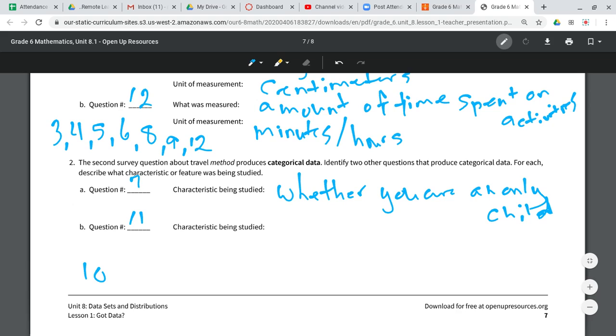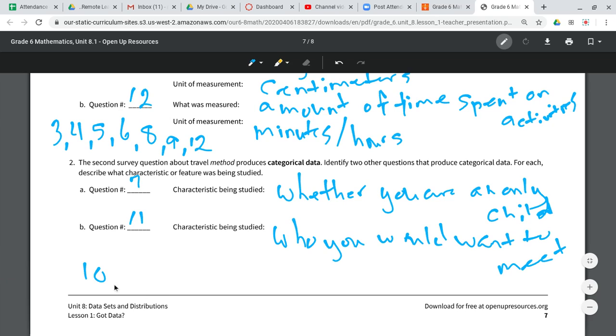Or sorry, that was 10. No. Okay, 11. Sorry. If you could meet one of these celebrities, who would you choose? So the characteristic being studied is who you would want to meet.